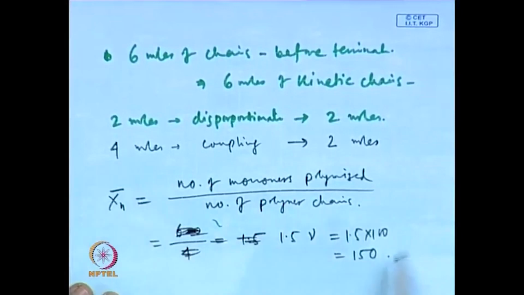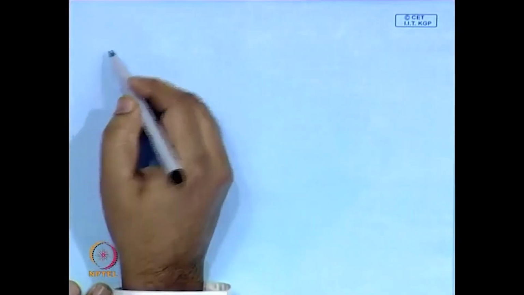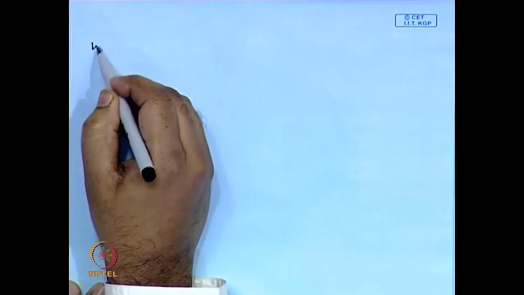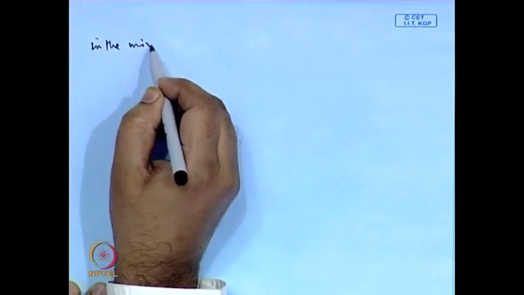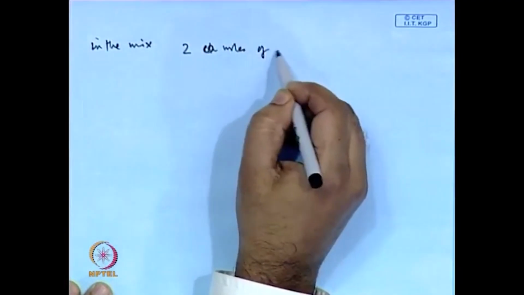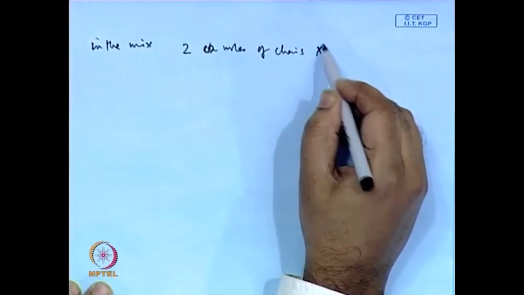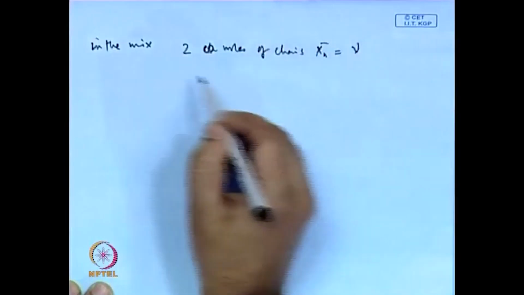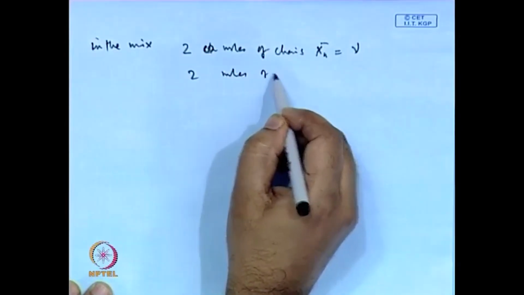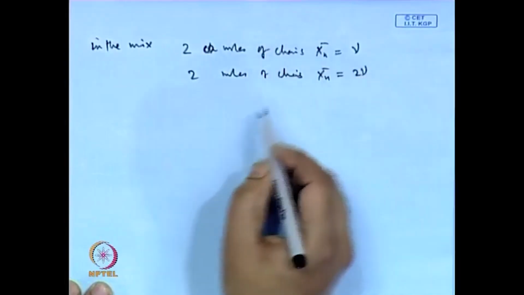You can get the same number if you consider how many chains we have in the mixture. In the mixture we have 2 moles of chains with xn bar of nu, and 2 moles of chains with xn bar of 2 nu.